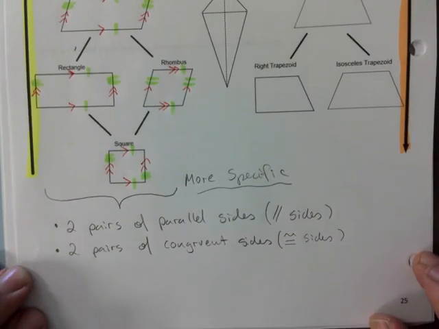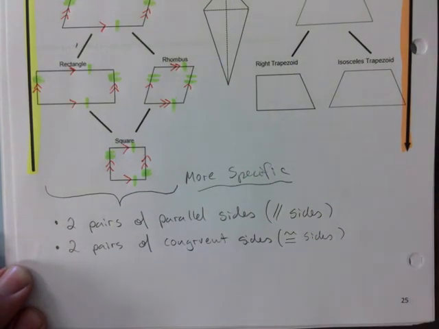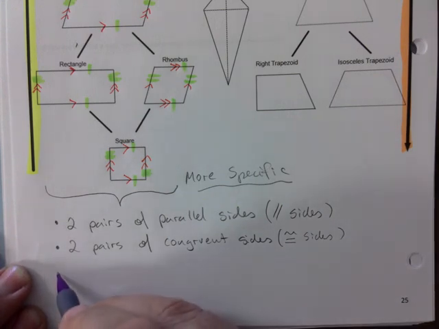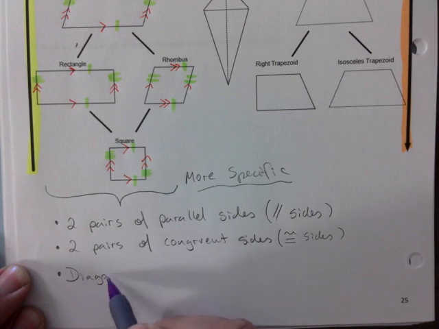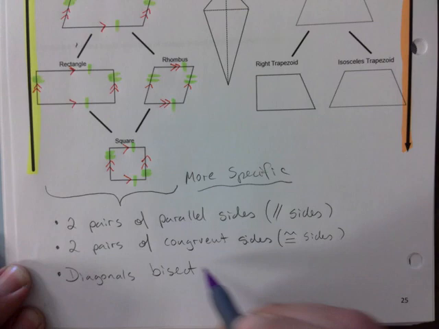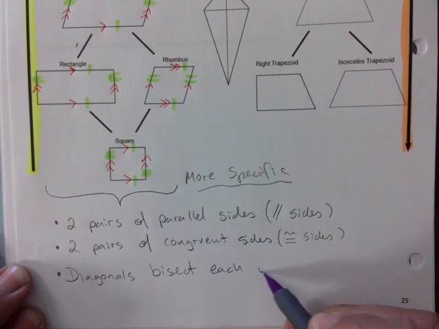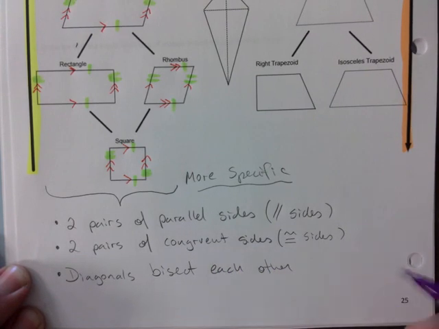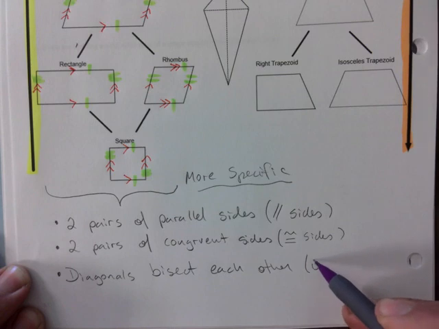Okay. And one more. You ready for this? Diagonals bisect each other. What does that mean? They cut each other in half.